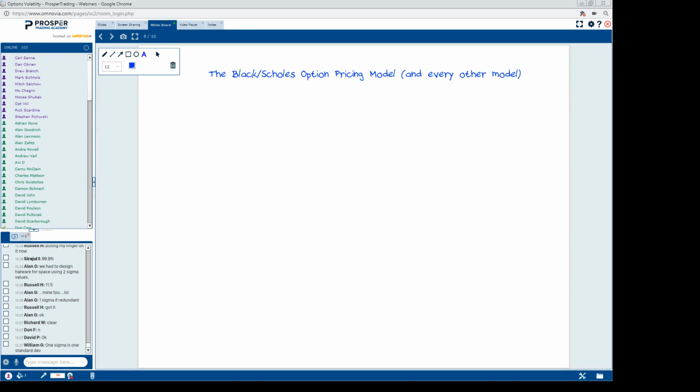Now, you do not ever, unless you really want to, just for grins and giggles, you do not ever really need to understand the math behind the Black-Scholes pricing model.